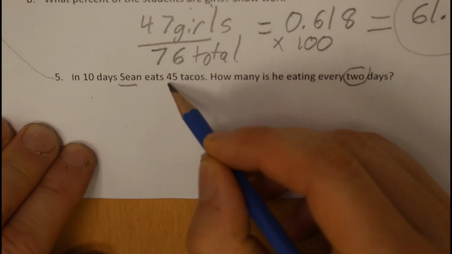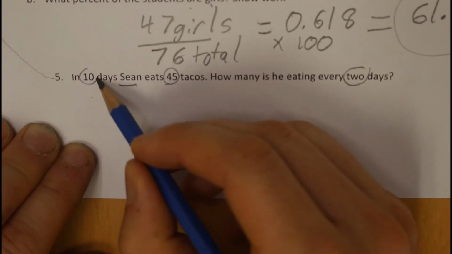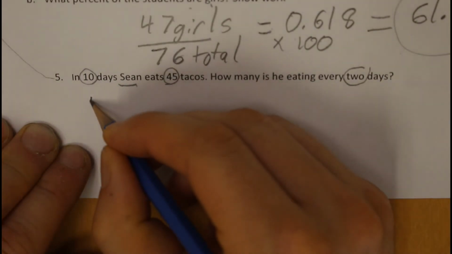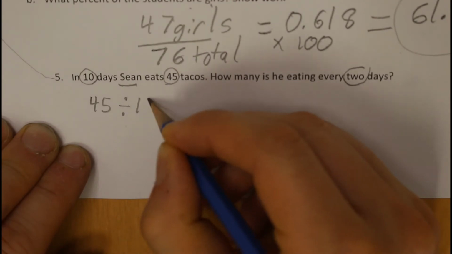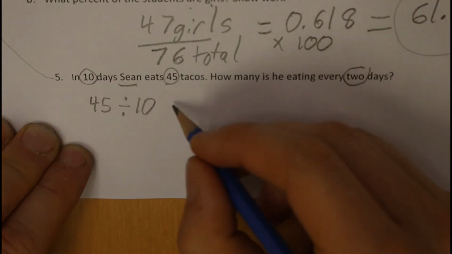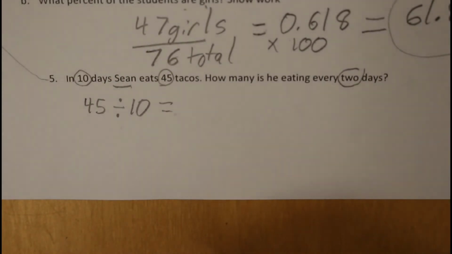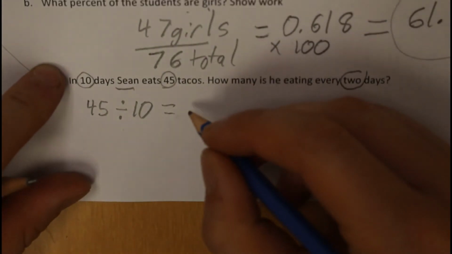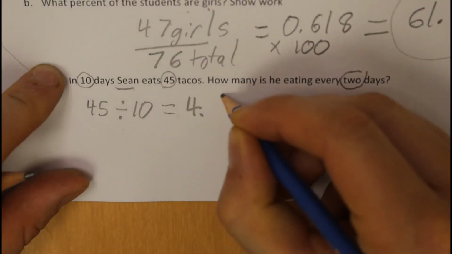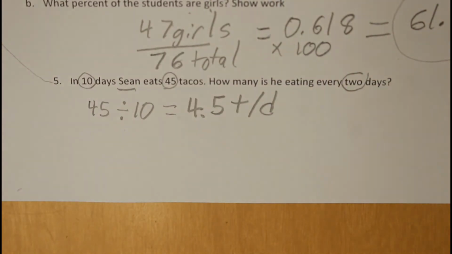So we take the unit, which is tacos, and we divide it by the rate, which is days. So 45 divided by 10. And we get 4.5 tacos, which is T, per day.